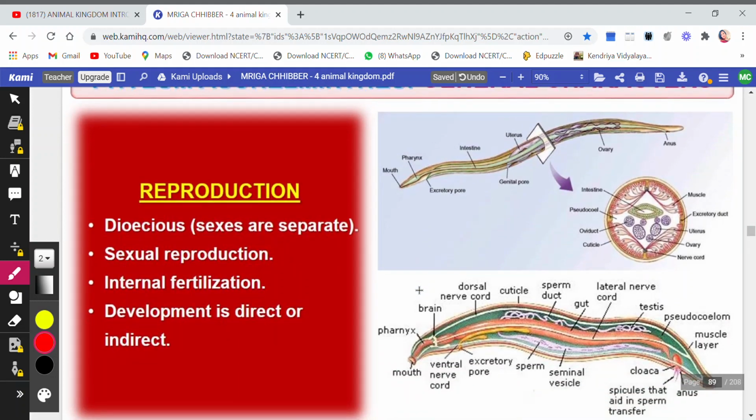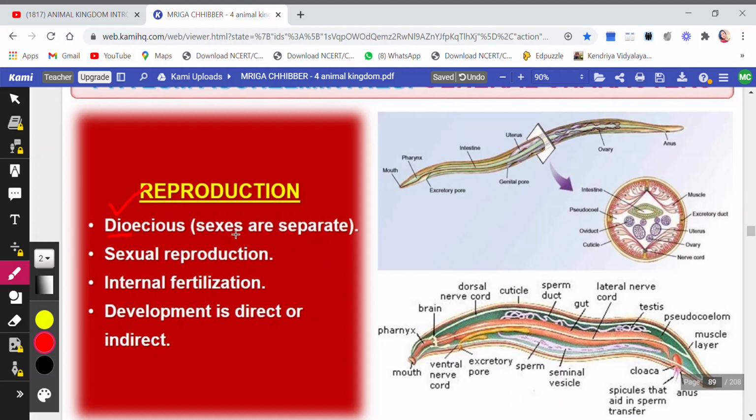Then we come to reproduction. They are dioecious. Now, children, here dioecious means unisexual. Remember, it is a little bit confusing, because when we say 'di', children will think it means two, that is bisexual. But no, it's a little bit different. Dioecious means unisexual, that is, the sexes are separate.